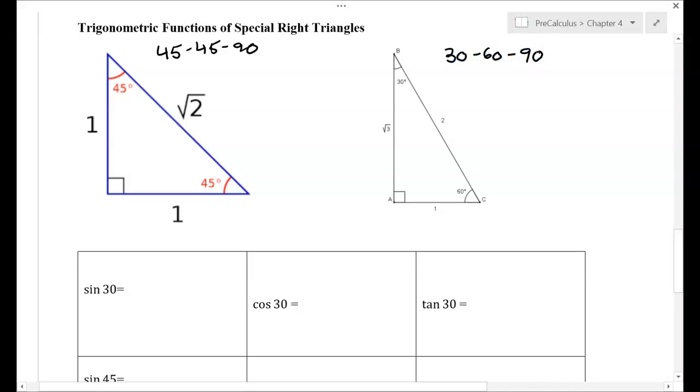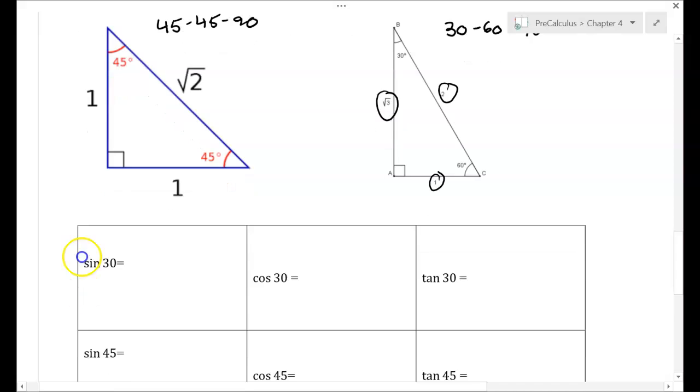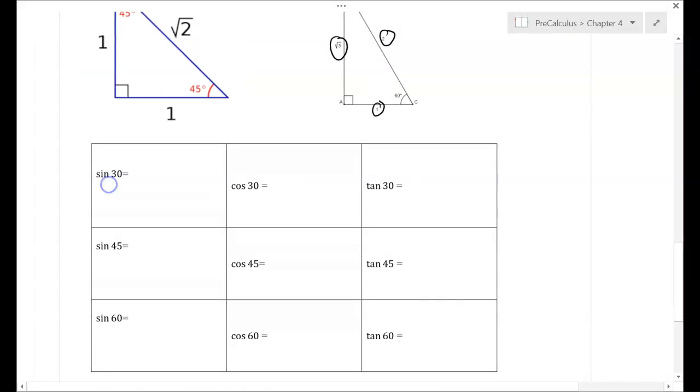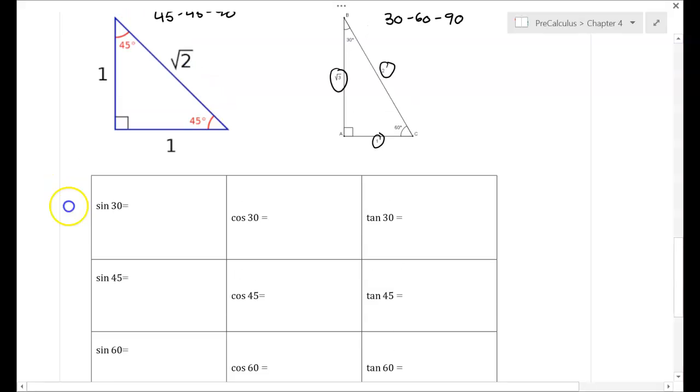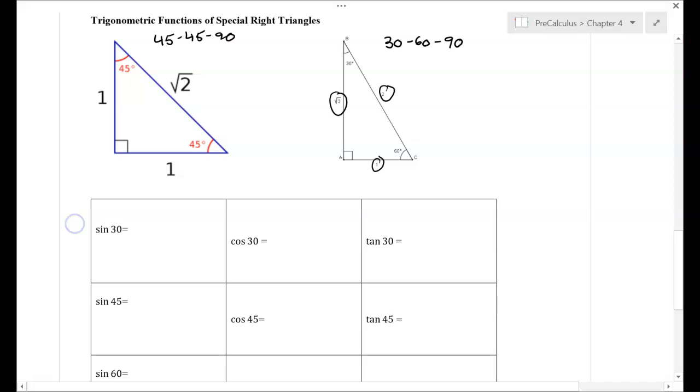And again, I filled in those side lengths. The hypotenuse is 2, 1, and square root of 3. And we have a chart that I put here for filling in the sine, cosine, and tangent of these special angles from our special right triangles. And it is well worth memorizing this.